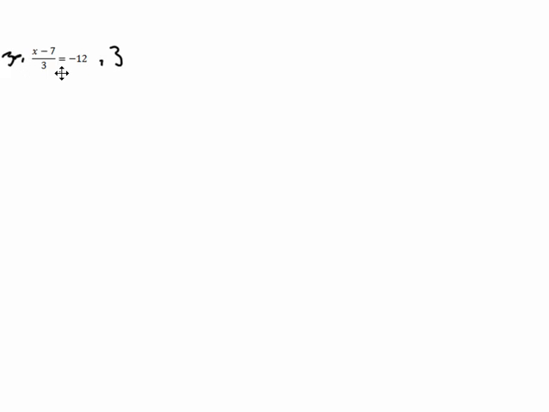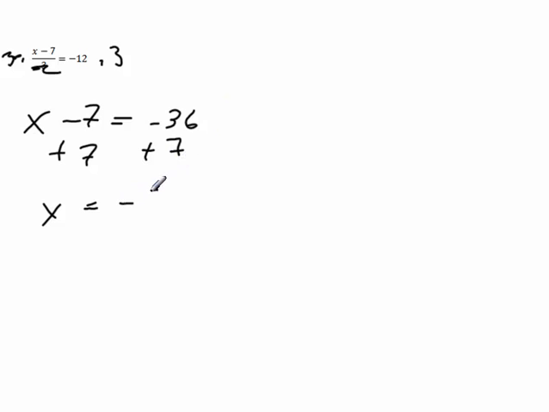And that cancels away. So I'm left with x minus 7 equals negative 12 times 3, which is negative 36. And now I can add 7 to both sides. And I'll end up with x equals negative 36 plus 7, which is negative 29.